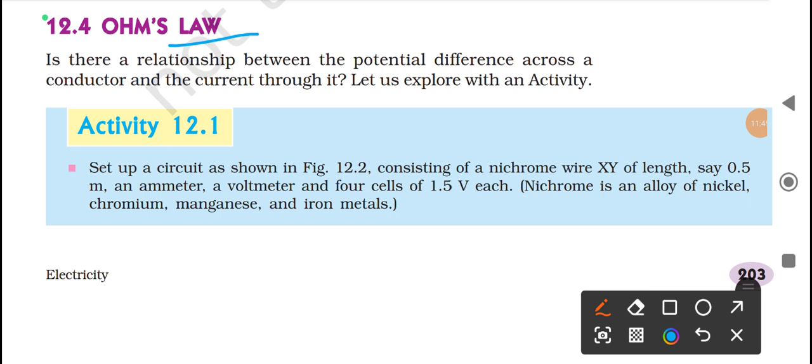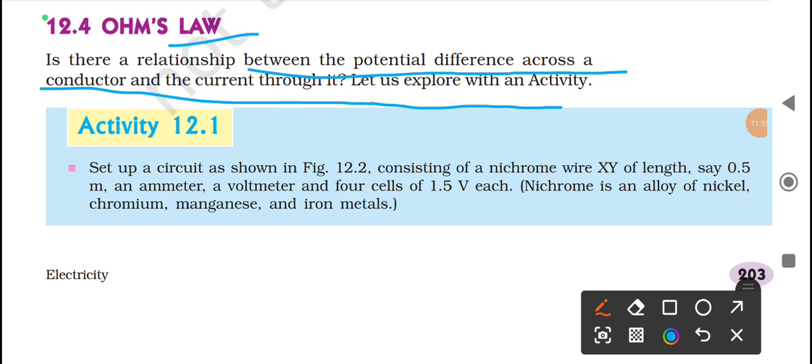Next topic, Ohm's law. Is there a relationship between the potential difference across a conductor and the current through it? Let us explore with activity 12.1.